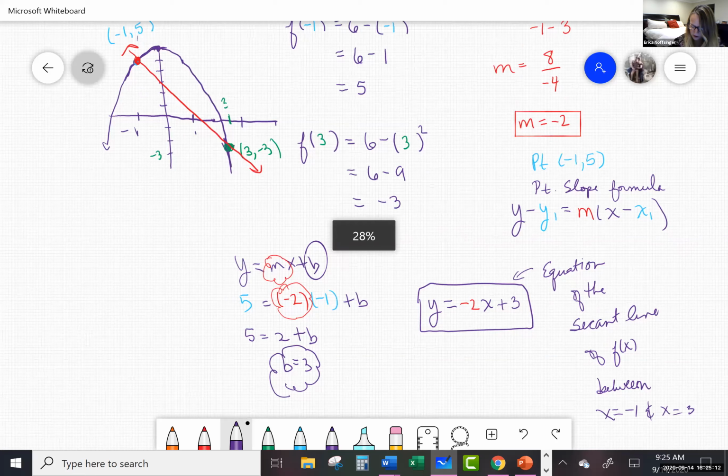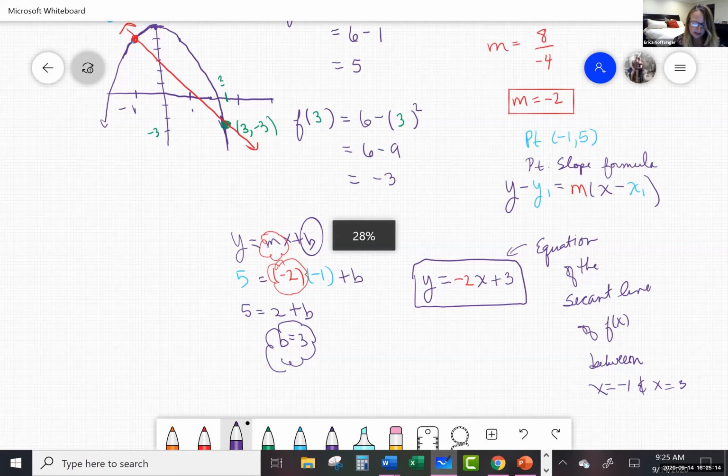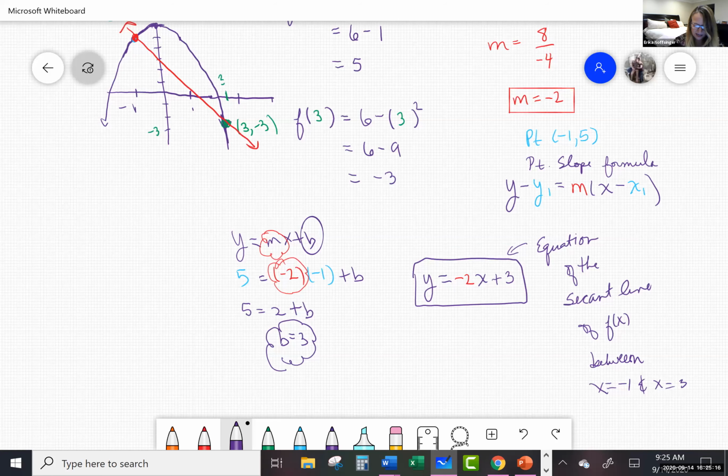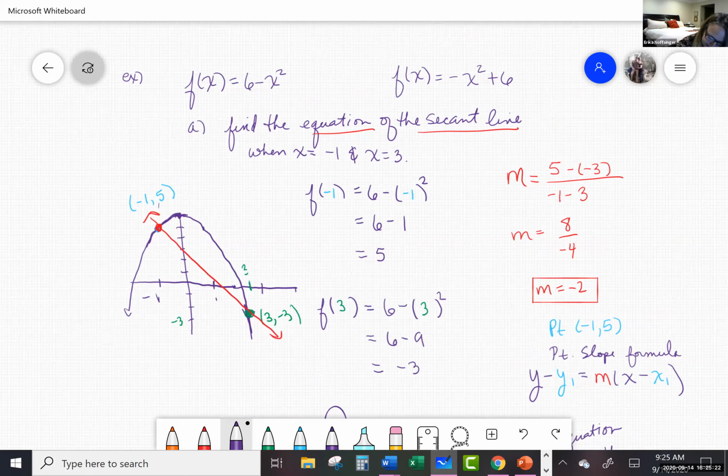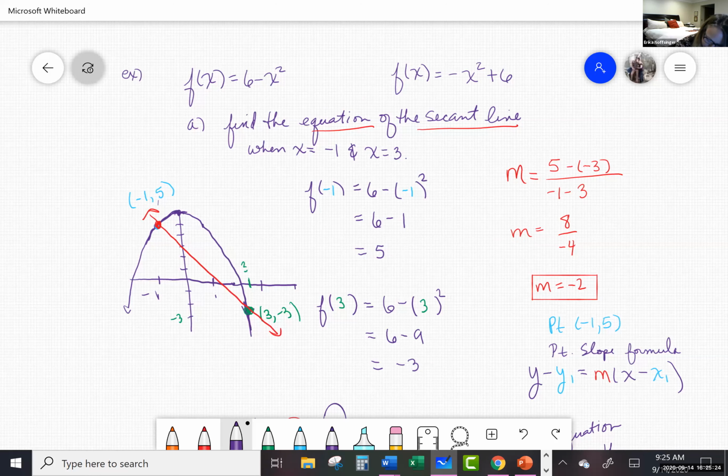So the next part of that question was saying, let's find the equation of the tangent line at the first x value. And so we want to find the equation of the tangent line, so this line right here, when x is -1. Well, we already have part of the problem done for us. We know what that point is on this tangent line.